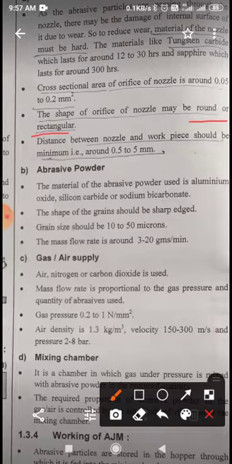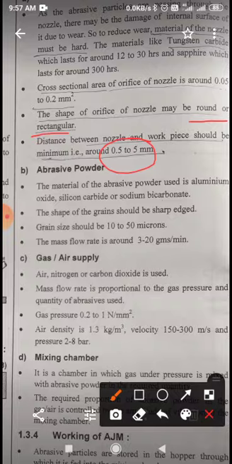Distance between nozzle and workpiece should be minimum, around 0.5 to 5 millimeter, that is the stand-off distance. Then abrasive powder. The material of the abrasive powder used is aluminum oxide, Al2O3, silicon carbide or sodium bicarbonate.